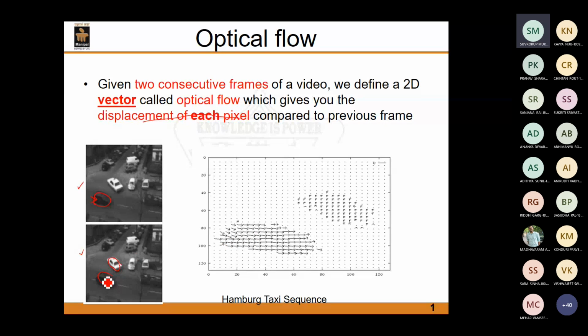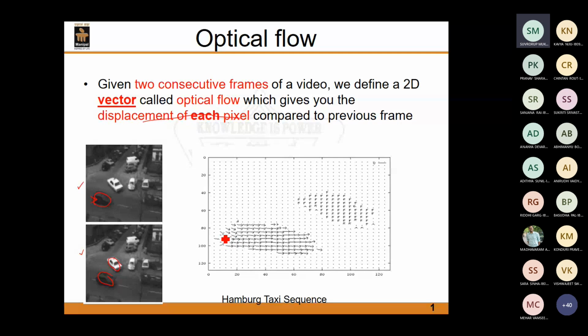And not just that, it also shows by how much distance it has moved. What is this translation factor, or the magnitude of the displacement, how far has it moved, that is shown by the length of the arrow. So in the optical flow representation here, the motion, or the displacement of each and every pixel is calculated.